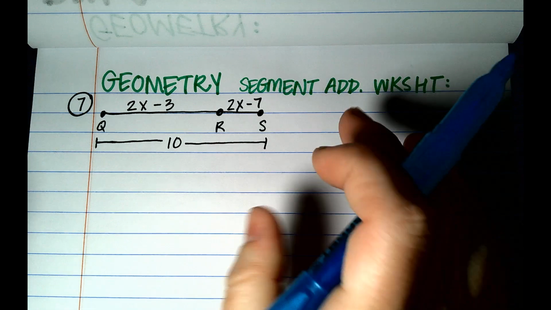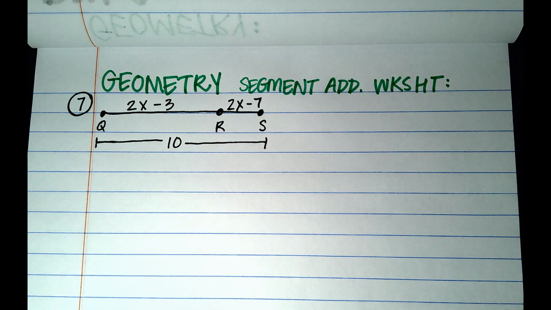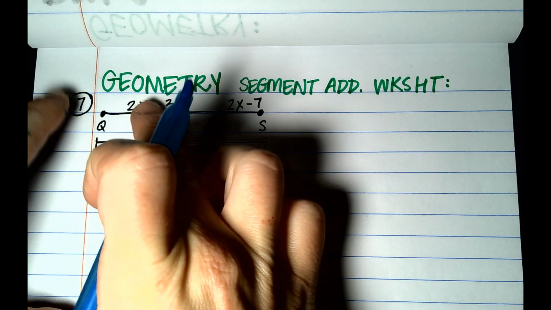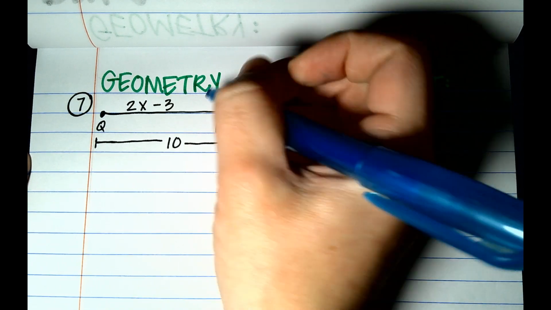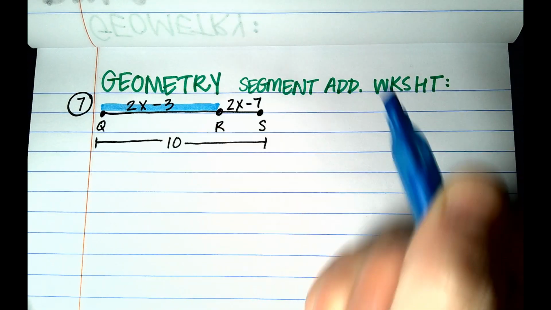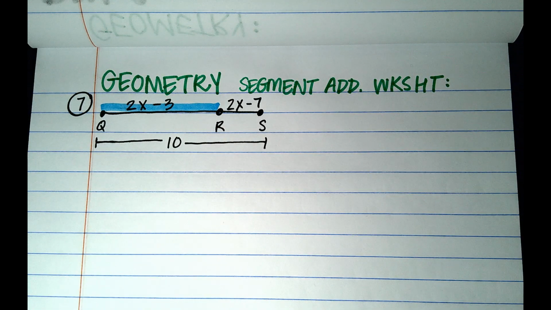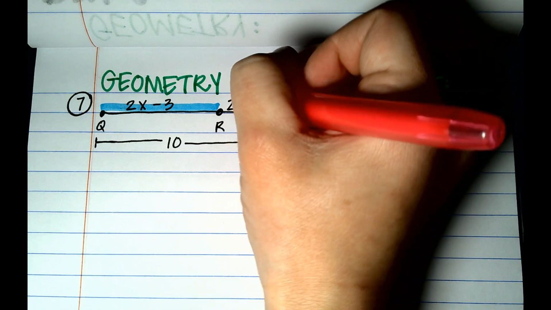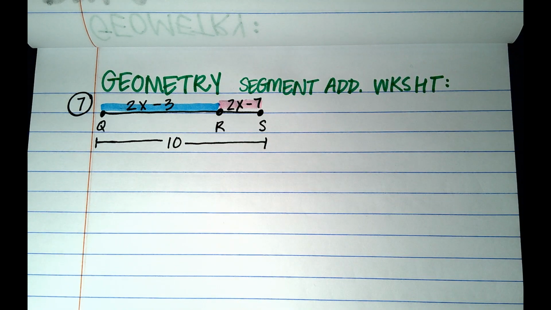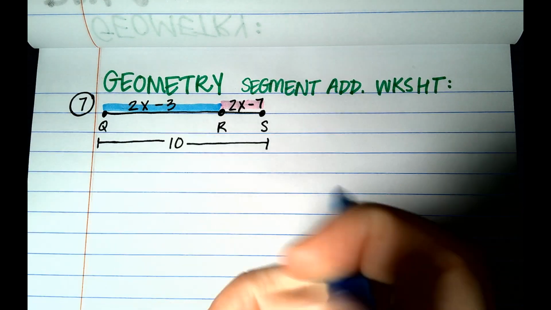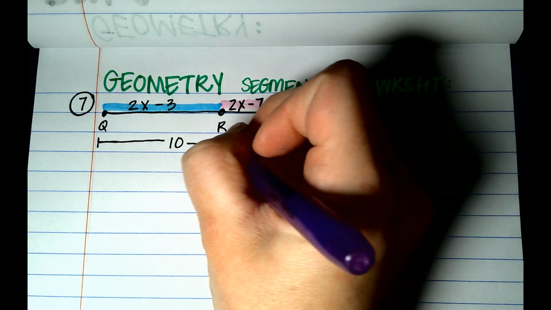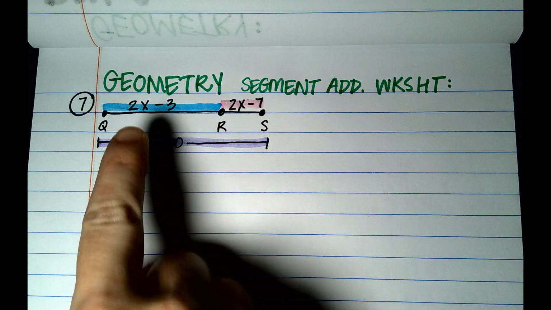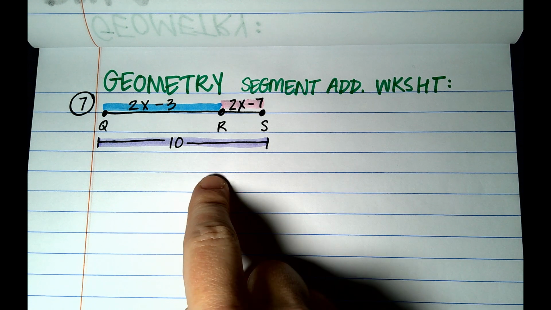Whenever we're setting up a problem, the way that we've been doing it with all the past ones is we are starting by adding together the two smaller sections. QR is part of the whole. RS is a small section of the whole as well. And the whole from Q to S is 10. So we need to add the blue and the pink to get the purple.